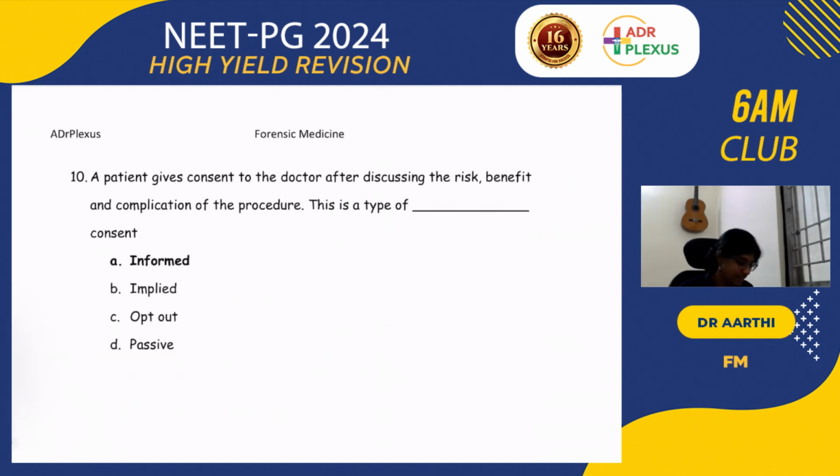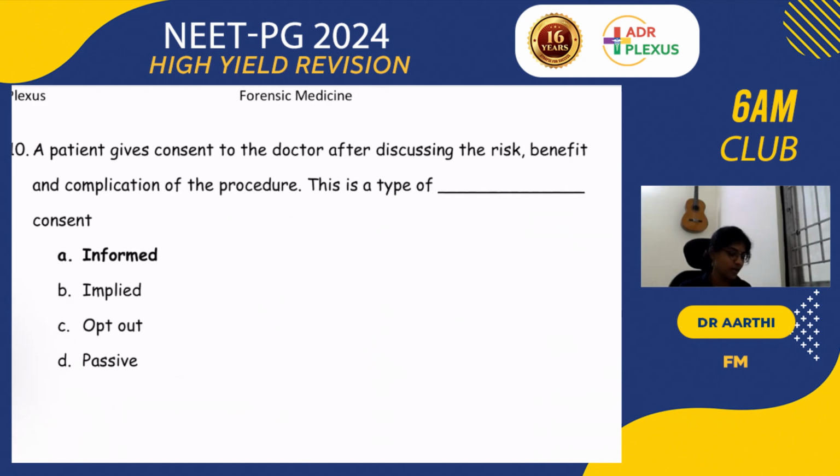All right. Then consent. Again, you tell all the risks, benefits, complications and everything. That's an informed consent. Implied consent means the patient has come with abdominal pain, you tell him to go and lie down on the bed, I'll come and examine. You have not told him that you're going to examine the abdomen, you just told him to go and lie on the bed, which means it is implied that you're going to examine the abdomen, right?